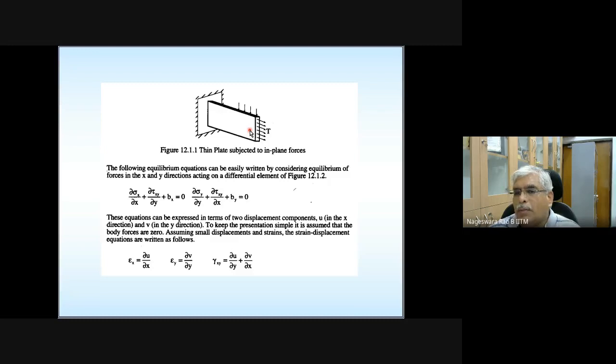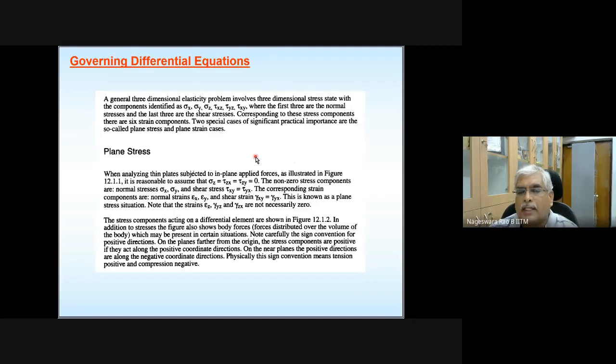Please make a note of this. You can see here how the load is applied on a particular plane. Now that you have noted this, let's see how the description is given here.